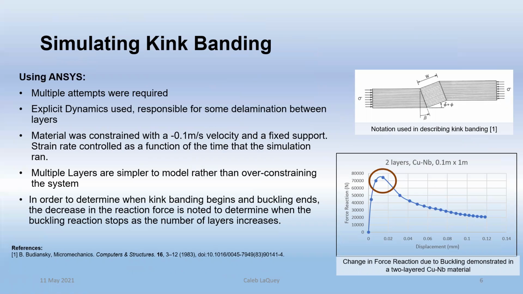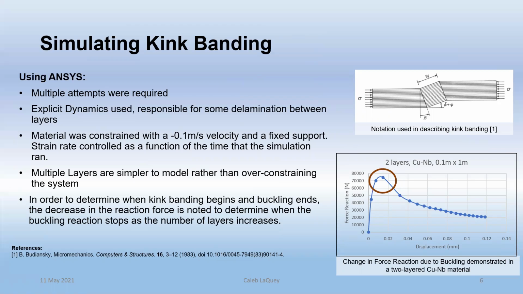So how are we going to simulate kink banding? So we're going to use ANSYS. In doing this, we had to do multiple different attempts. We used an explicit dynamic model, which was responsible for some delamination between layers in certain simulations that we ran.